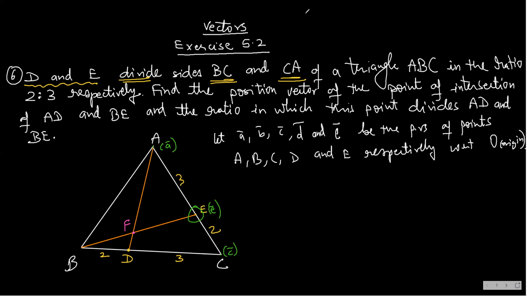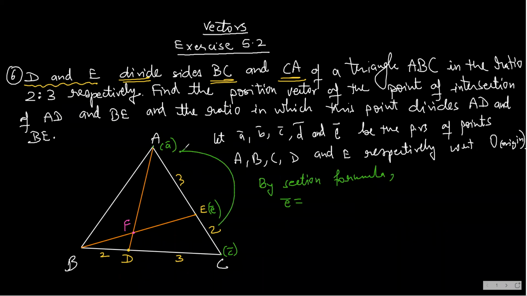Okay, so I write the section formula. See here, E bar equals 2A bar plus 3C bar upon 2 plus 3.